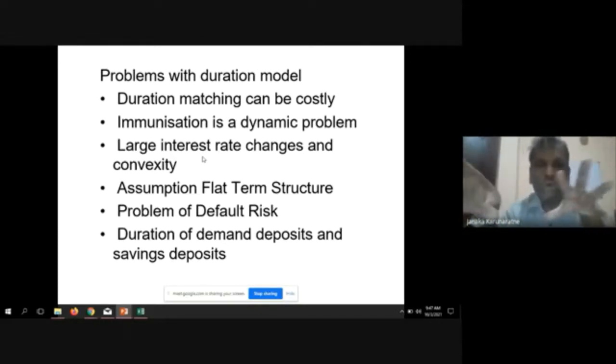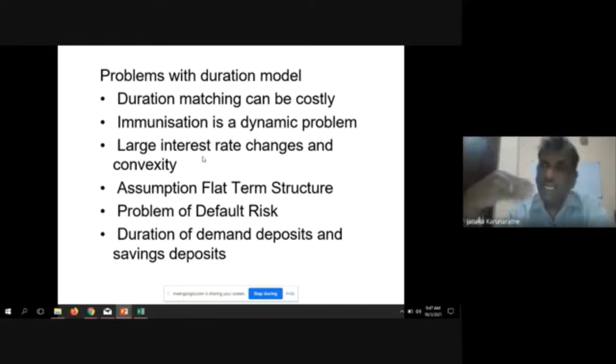You can't do every day whenever the duration gap increases or decreases based on the potential threat. You can't adjust. Now let's say you issue some long-term deposits. One month later you find the opposite. So you can't reverse it. Or you can come up with another element. So it's costly. We can tell many things, but it's not easy.